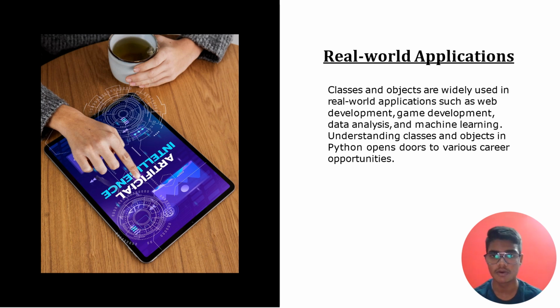Now let us know what are the real world applications of classes and objects. Classes and objects are widely used in real world applications such as web development, game development, data analysis, and machine learning. Understanding classes and objects in Python opens doors to various career opportunities.